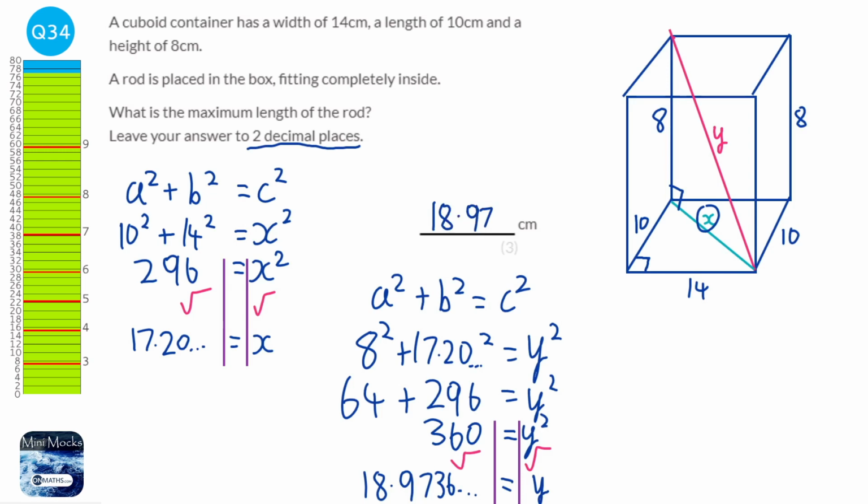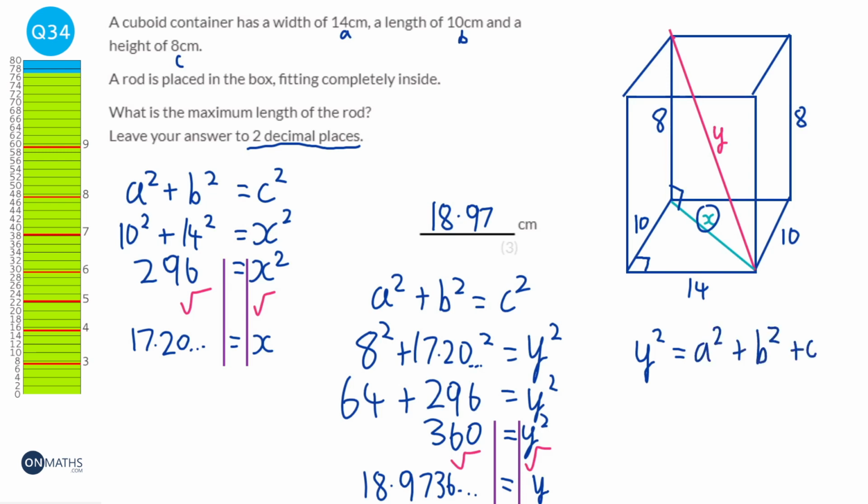Now a different way we could have done this is we could have worked out y straight away. I'm going to label the lengths A, B, and C. And what you can do is you can do y squared equals A squared plus B squared plus C squared.